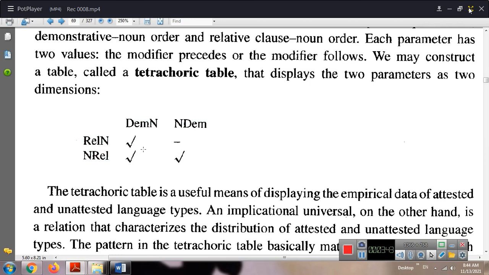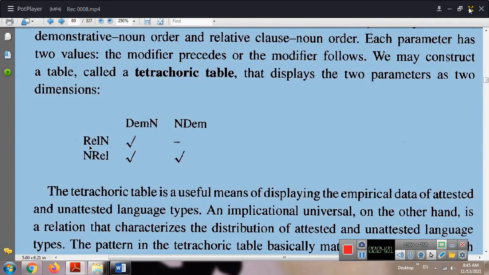When we have a plus symbol here, it means that we have an attested language of that kind, and when we have a minus symbol, it means that we don't have such a language. For example, if a language is relative-noun, then in that language the demonstrative comes before the noun.